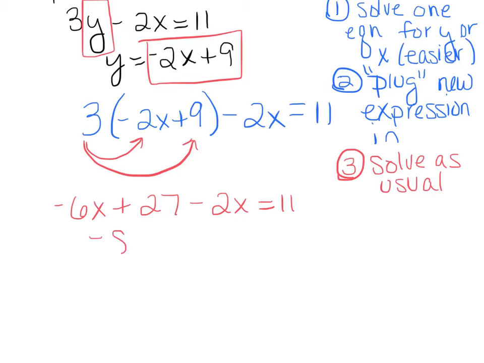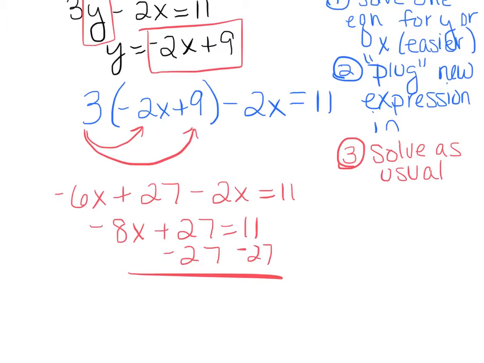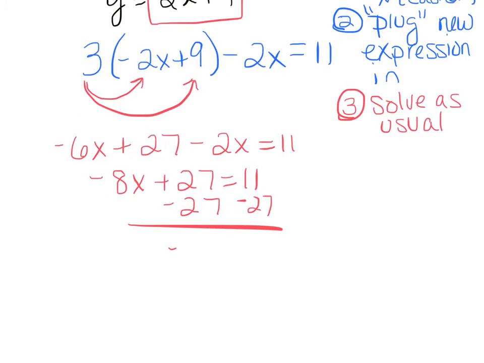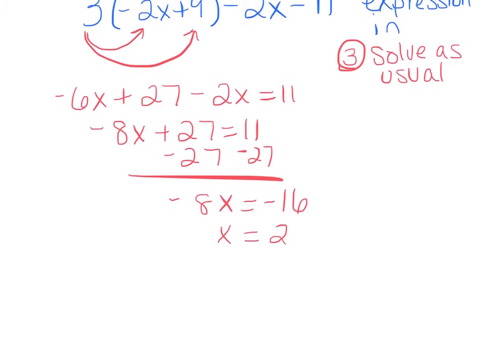So I get negative 8x plus 27 equals 11. We can subtract 27 from both sides. And when we do so, we get negative 8x equals negative 16. So x is equal to positive 2, remembering that a negative divided by a negative is a positive.